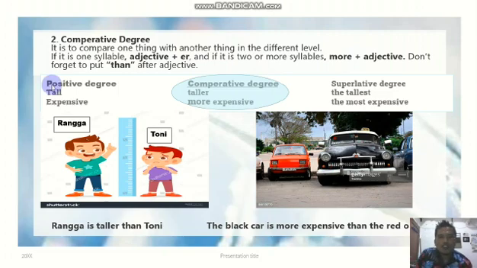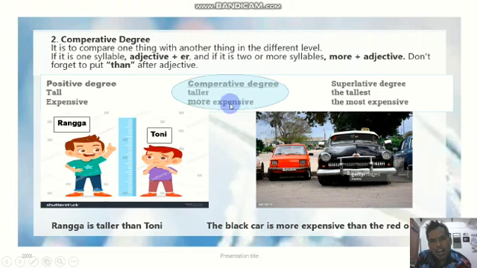Okay, let's focus on comparative degree here. So this is the adjective tall. This is taller, which comes from tall. Since this is one syllable, we have to put er after the adjective, so it becomes taller. So what about the adjective over here?